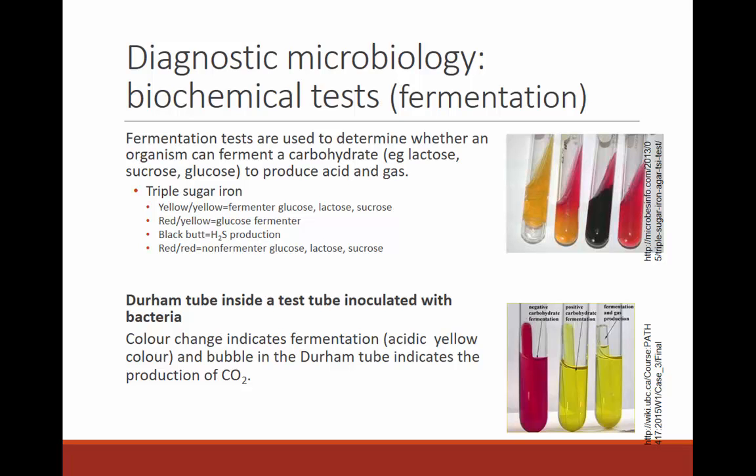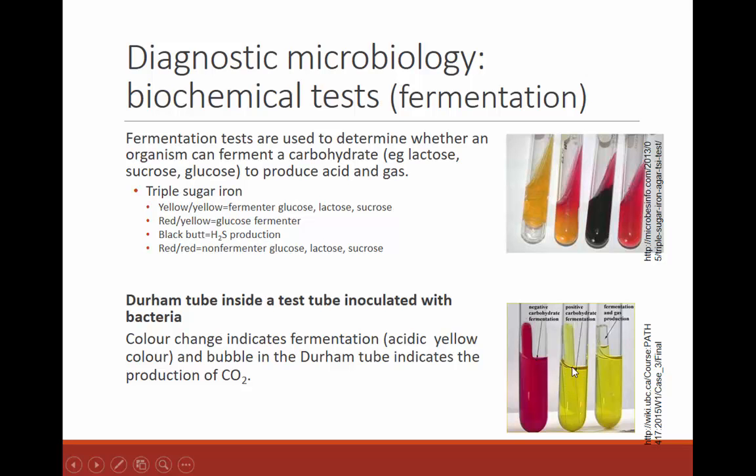But what about gas? If it was producing gas, we'd have no way of capturing it just with a broth. So what you can do is put a tiny little tube upside down in there, and that's known as a Durham tube. And here, sorry, in that first one where there's the red liquid, that Durham tube is filled with that liquid and there's no gas being produced. And you wouldn't expect that because there's been no fermentation, no change in the indicator.